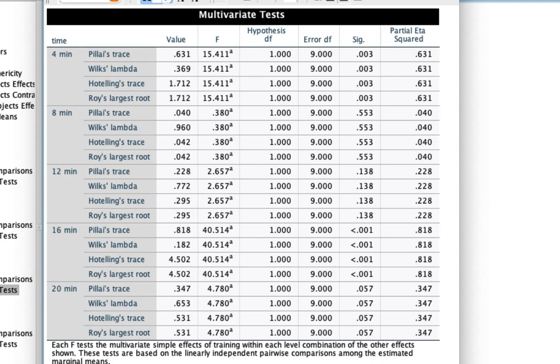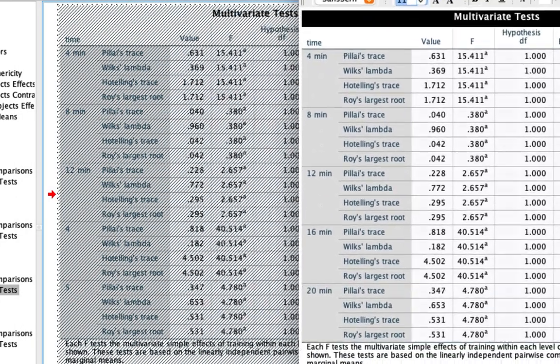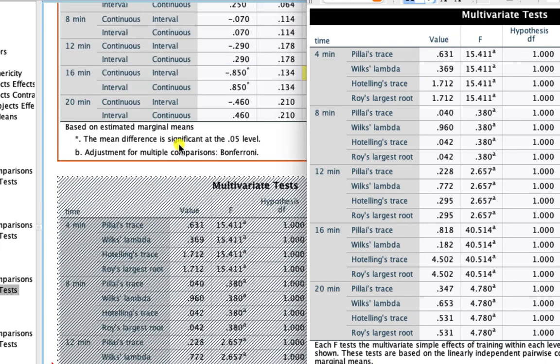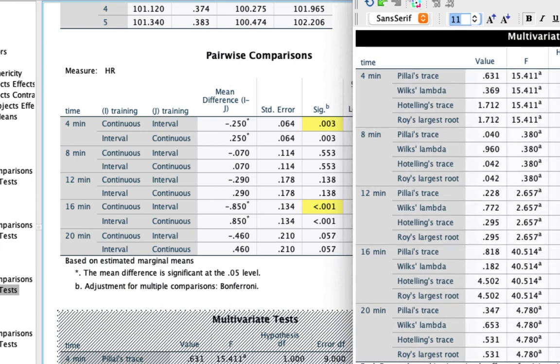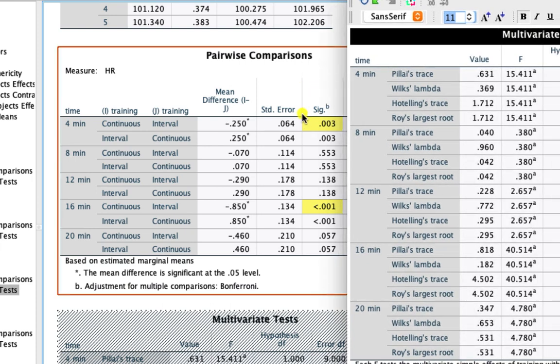The other thing I like about this is I can drag it around, right? So if I wanted to scroll back up in my output and I forget which pairs were significant, because I ask you guys to report the effect sizes for the significant interactions only.